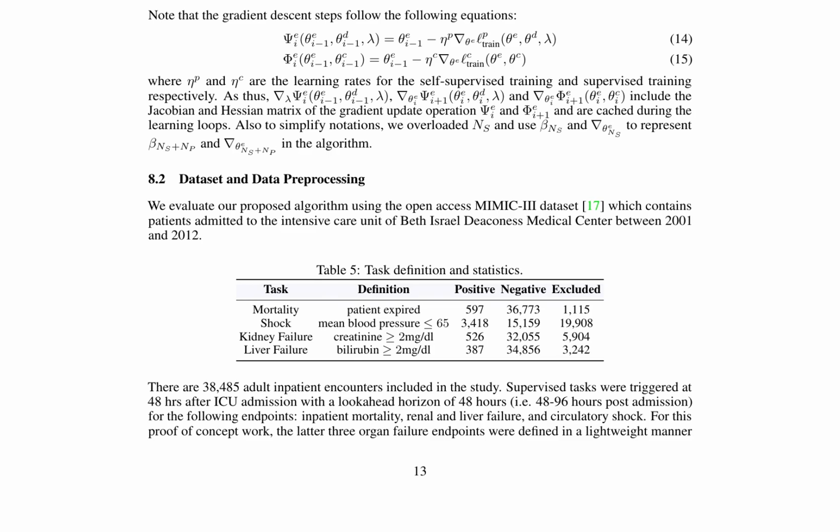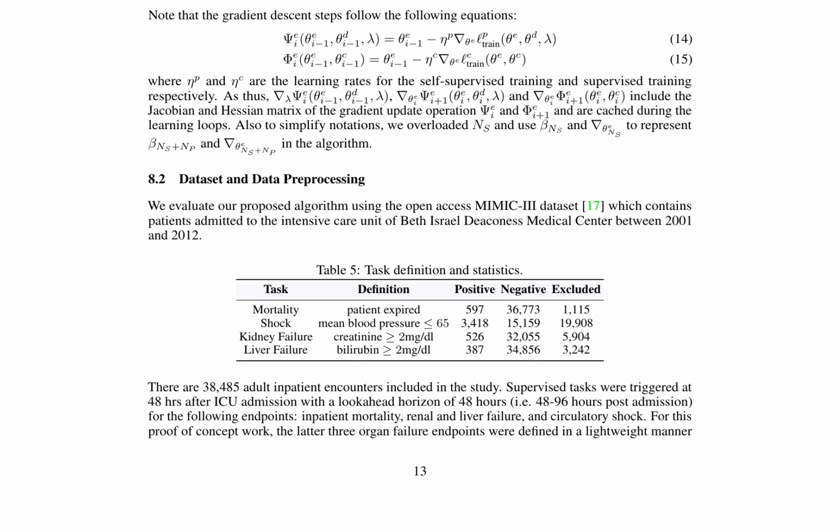The proposed algorithm is evaluated on the MIMIC-III dataset, containing ICU admissions between 2001 and 2012. The dataset is pre-processed to define 4 tasks: inpatient mortality, renal failure, liver failure, and circulatory shock, triggered at 48 hours after ICU admission with a 48-hour look-ahead horizon.